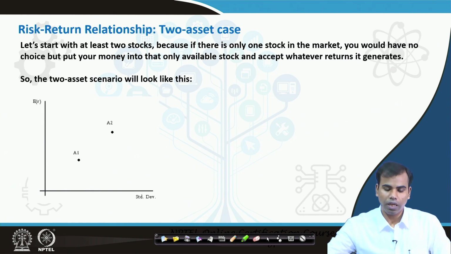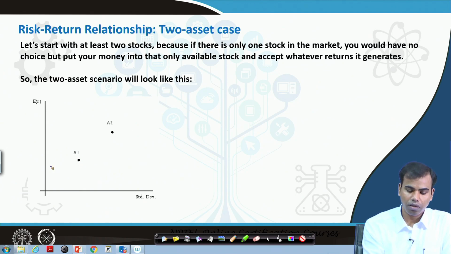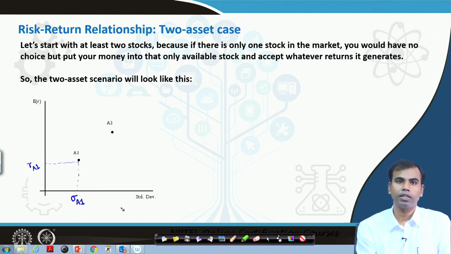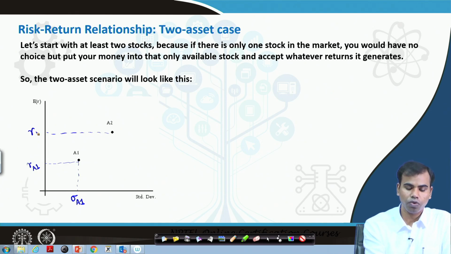Asset 1 has a return of this level, and this is the risk associated with asset 1. Risk is denoted by sigma, the standard deviation, and return is denoted by R. Similarly, for asset 2, we have the return and the associated risk as given.